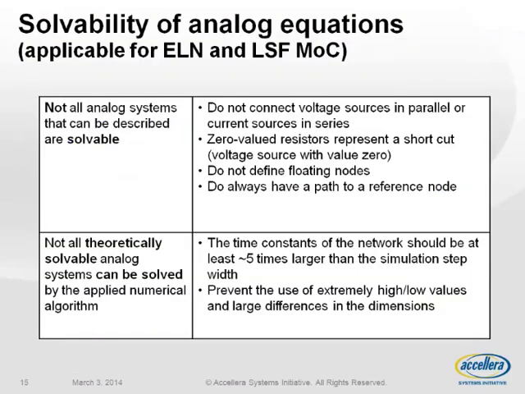So be aware that if you want to model with the ELN, it is not possible to do everything. You cannot connect voltage sources in parallel or current sources in series. You should avoid having zero valued resistors. Do not define floating nodes. Do always have a path to the reference node.